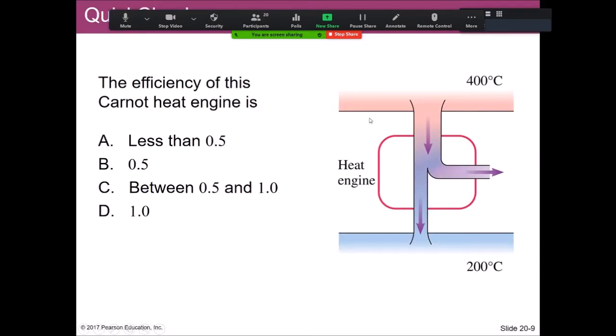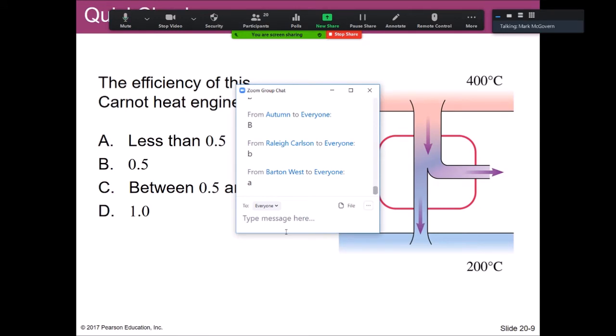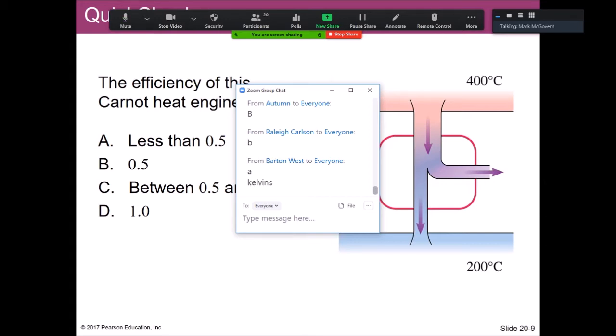So, all right. Question for you here. Let me know what you think in the chat. The efficiency of this Carnot heat engine is what? What's the efficiency of this engine? It's not B. Why is it not B? Someone tell me. Barton, why is it not B? Kelvins is right.